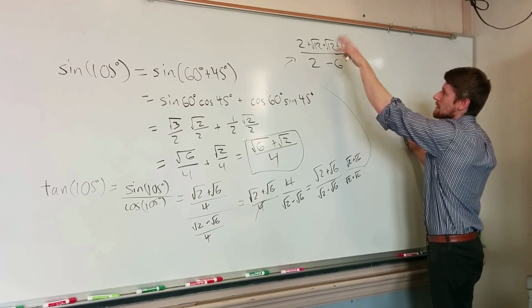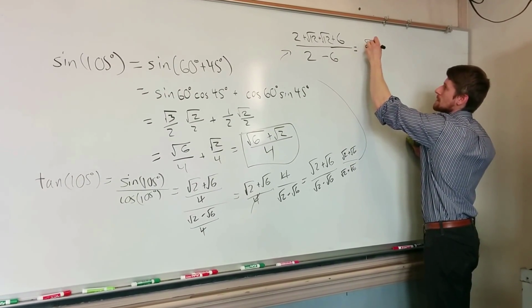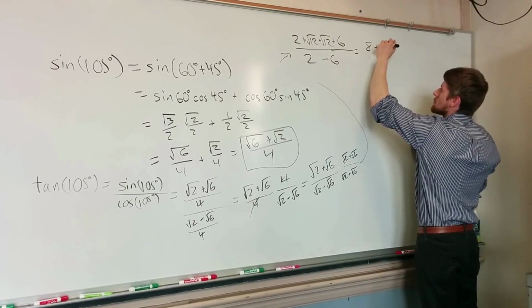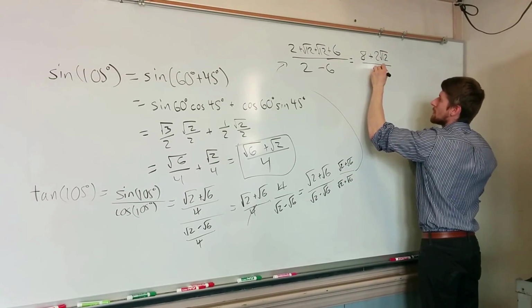Okay, let's clean this up and simplify it as much as we can. We get 8 plus 2 root 12 over 2 minus 6, which is negative 4.